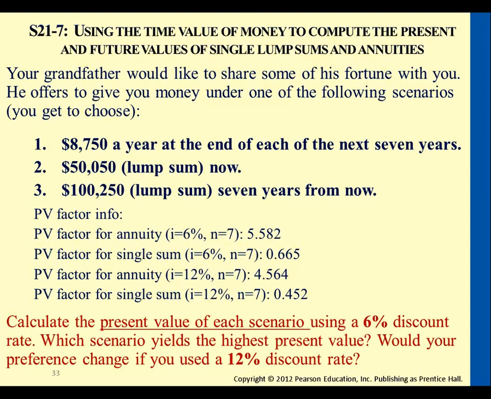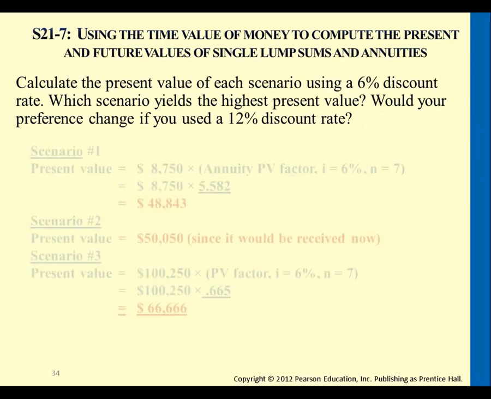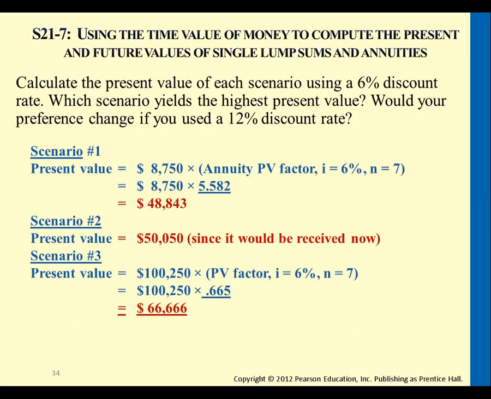So let me show you, because we don't have a lot of time, at least some of it. How would we calculate? For right now, let's just do the first part. So we have 3 scenarios, right? The first one, I'm going to use my annuity present value factor, and I'm giving it to you.